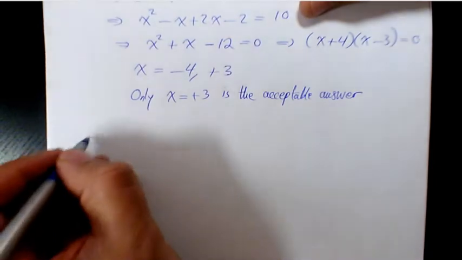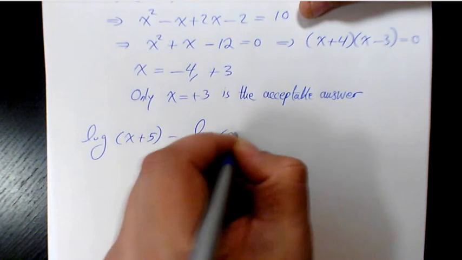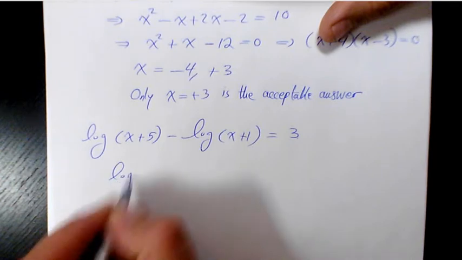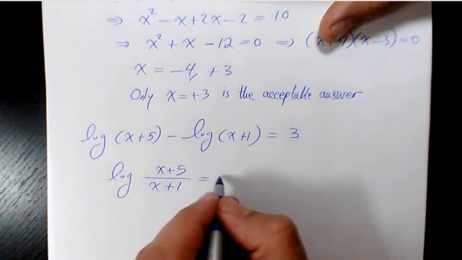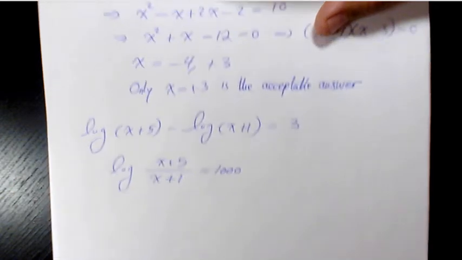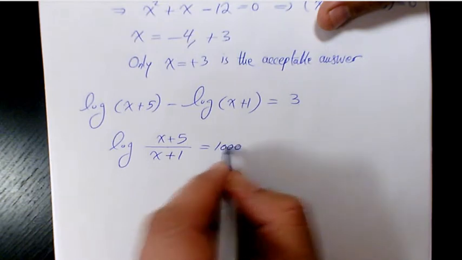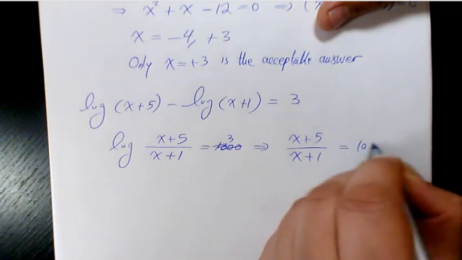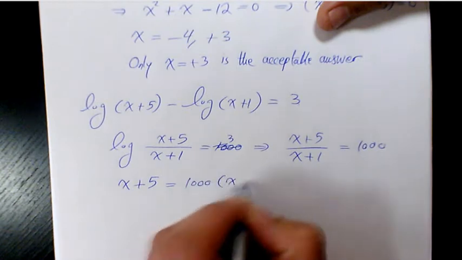Next one. Log of (x plus 5) minus log of (x plus 1) equals 3. That's going to be log of (x plus 5) over (x plus 1) equals 10 to the power of 3, which is 1000. So (x plus 5) over (x plus 1) equals 1000. So x plus 5 equals 1000 times (x plus 1).